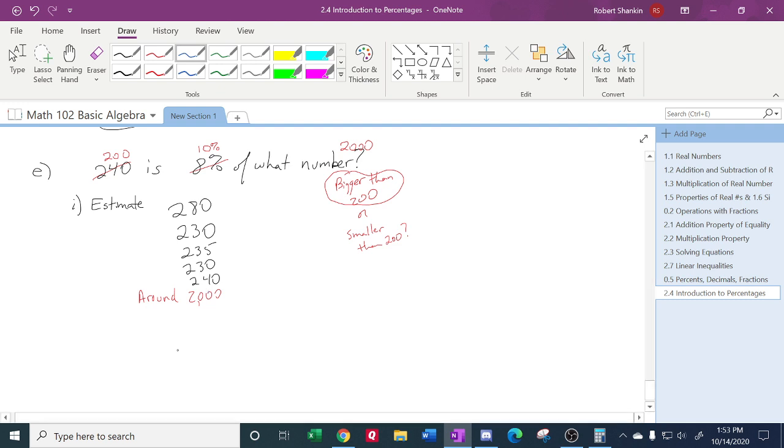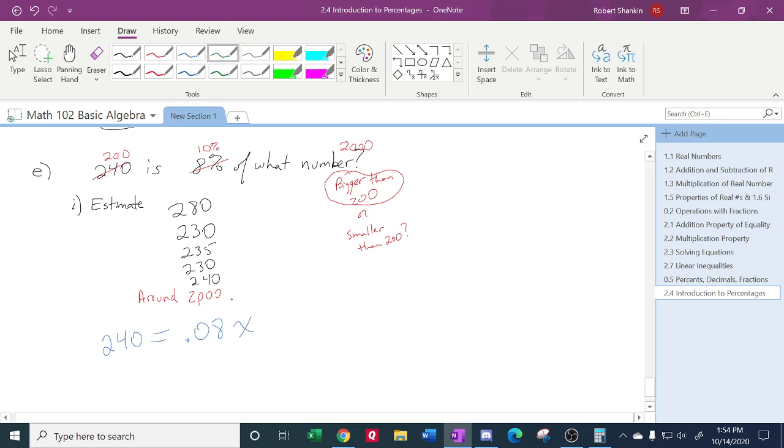All right, group 4, what's the equation? The equation is 240 equals 0.08 times x. Okay, and what did you do to solve this?